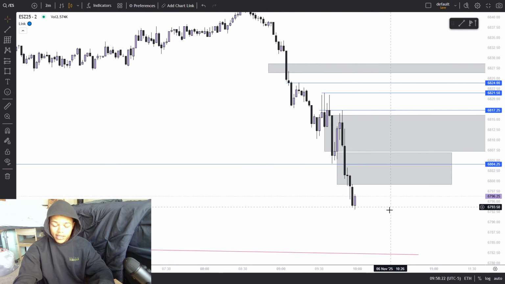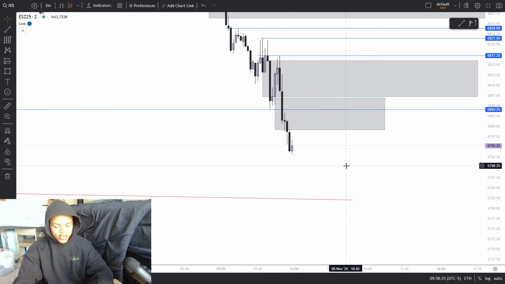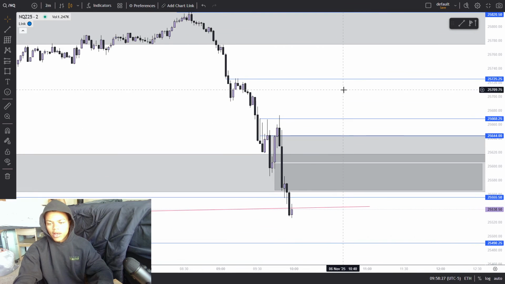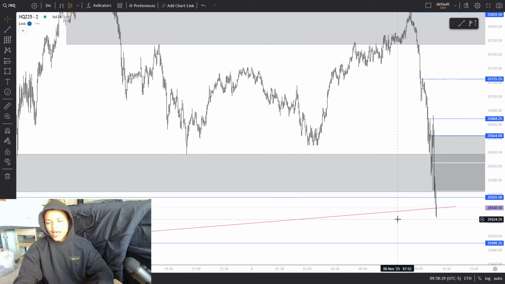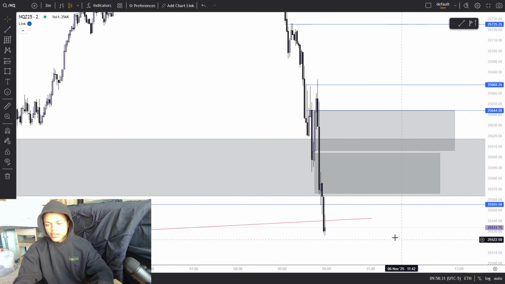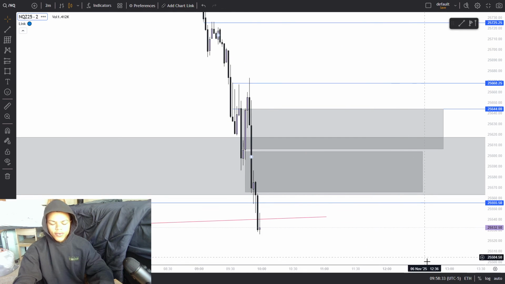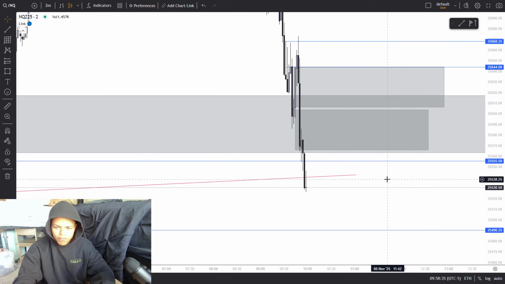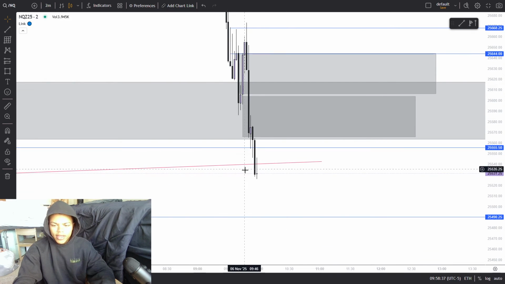Looks like we're pushing back into this gap too on the 5-minute, and just continuing lower. So having that shorts conviction too, it's also good. Alright, never get married to your bias. Definitely.